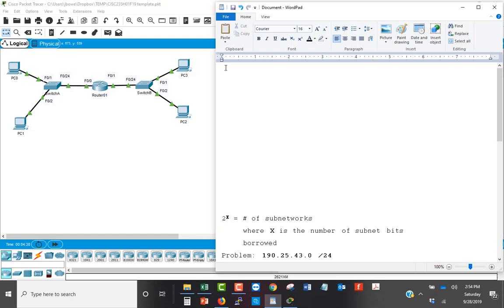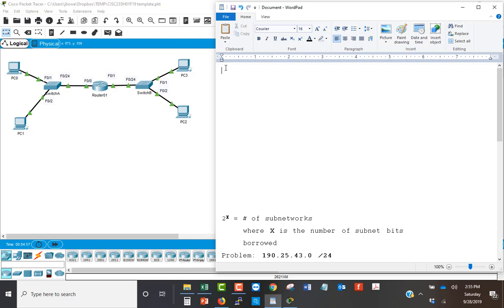As we go down, the problem is I'm going to give you this IP address. Specifically, it's a network ID of 192.168.43.0 with a /24. So we know that the first 24 bits of this address are network bits, and therefore this is a network ID because the host bits are all zeros.